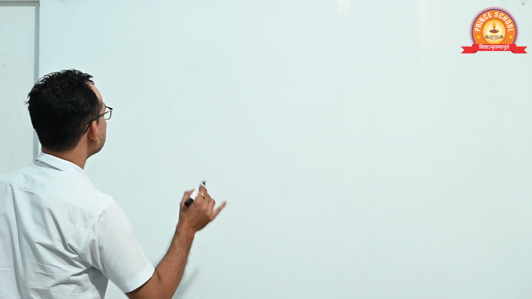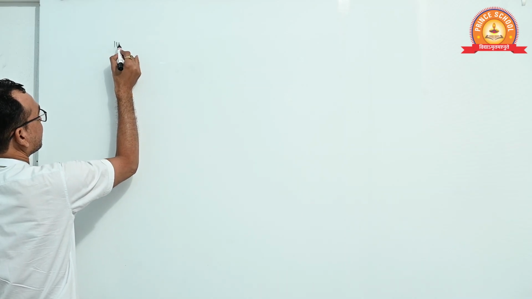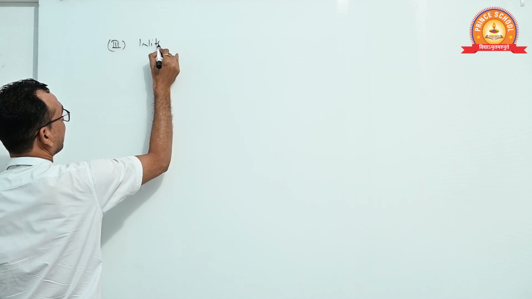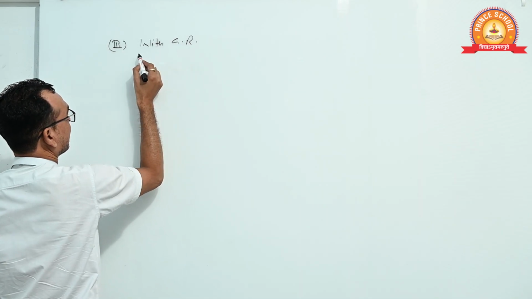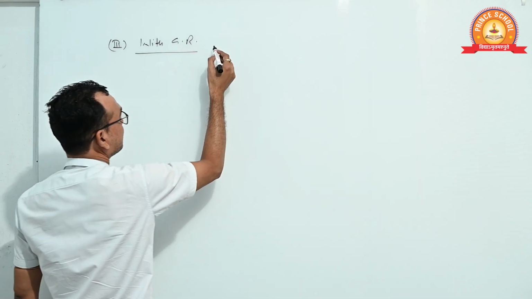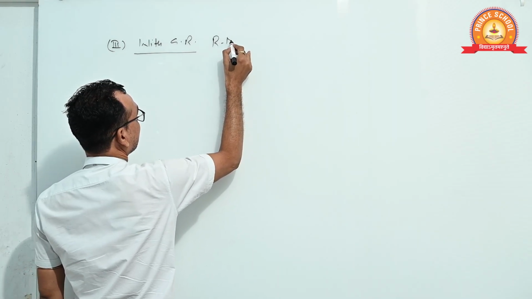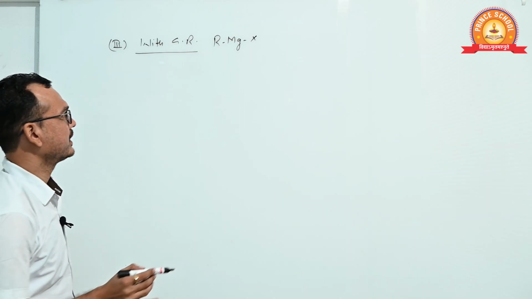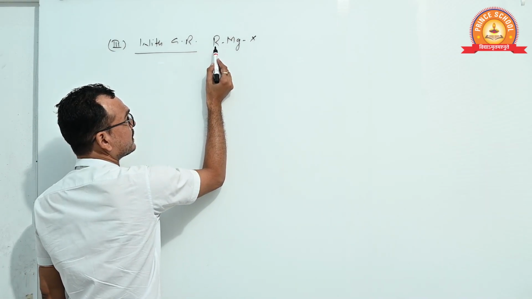Now the third example of nucleophilic addition reaction of a carbonyl compound is with GR. GR is RMgX. Clear? It is the Grignard reagent, and we know that R is the alkyl group.